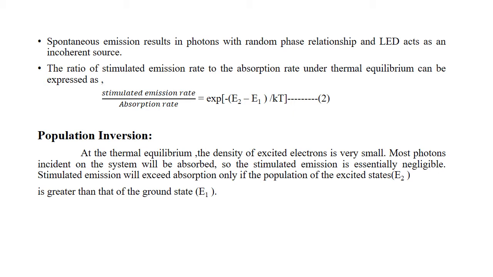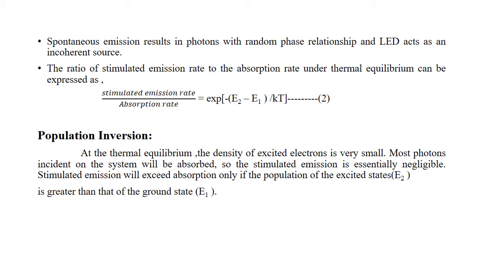The ratio of the stimulated emission rate to the absorption rate under thermal equilibrium can be expressed as stimulated emission rate by absorption rate equal to exponential of minus (E2 minus E1) divided by kT. So the rate of stimulated emission under thermal equilibrium is less than the absorption.